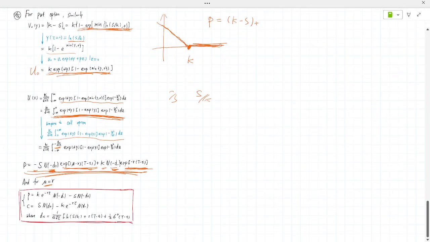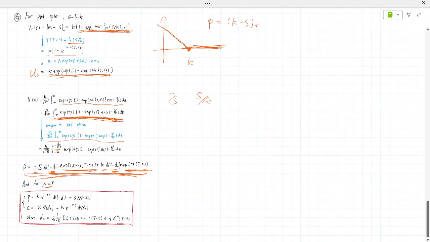For put option, it does almost exactly mirror about S over K equal to 1, or ln S over K equal to 0 is a mirror. Then solve everything. We got the formula for put and call options.